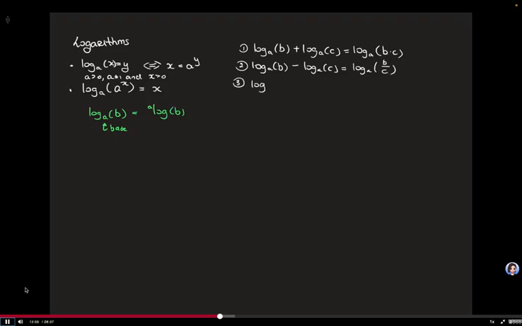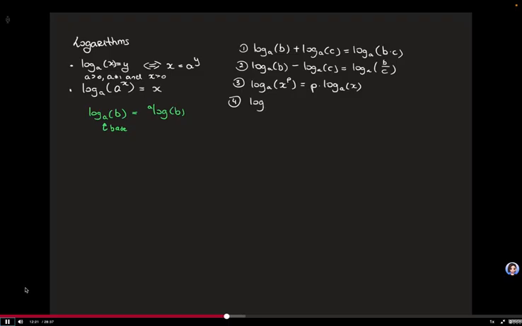If we have the logarithm with base a of x to the power of p, this is p multiplied by log a of x. So what happens is this p comes in front.